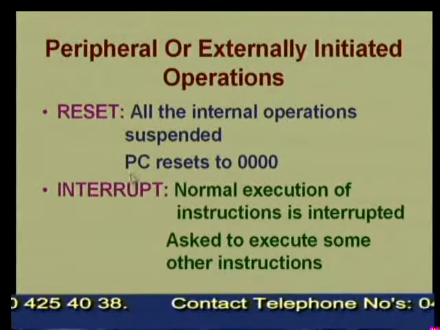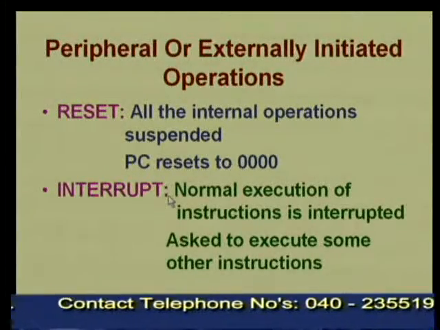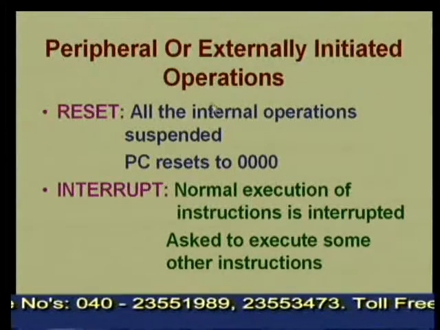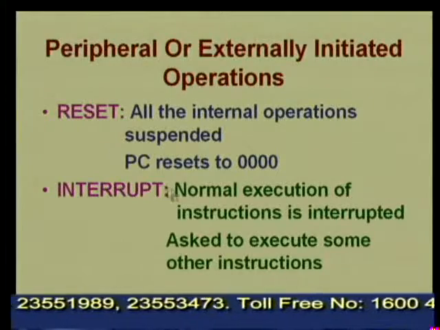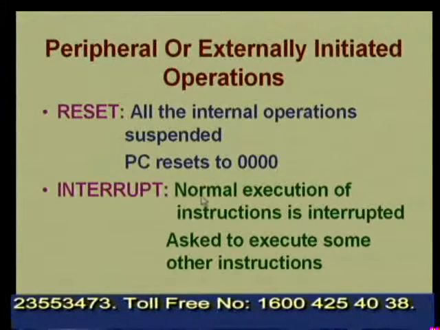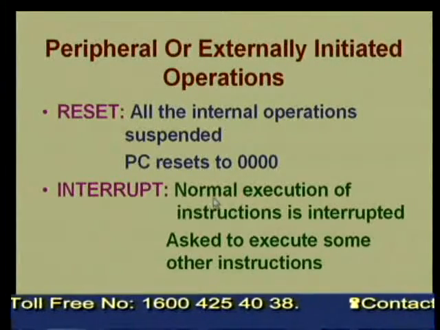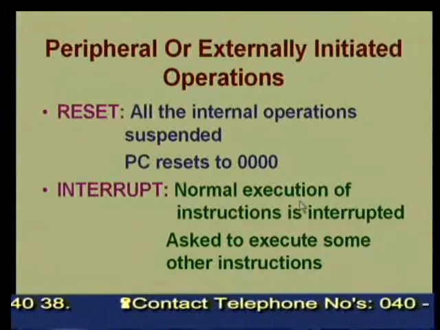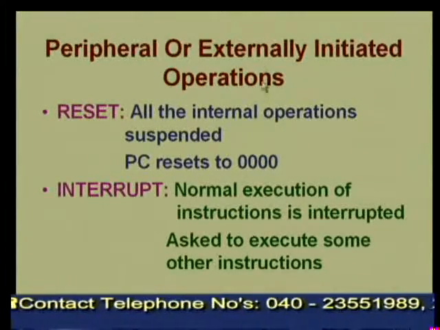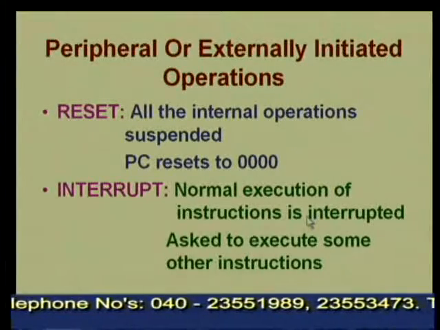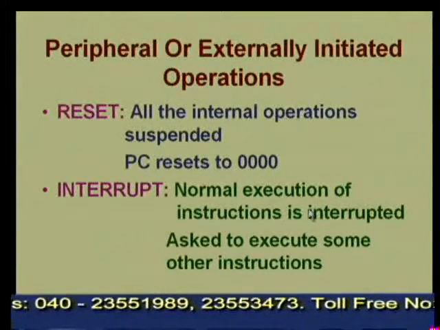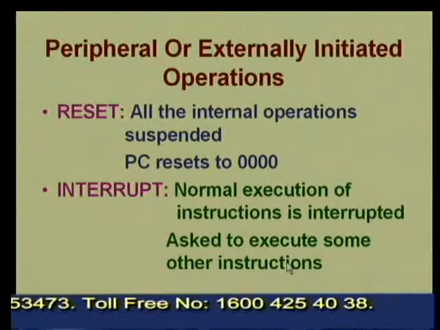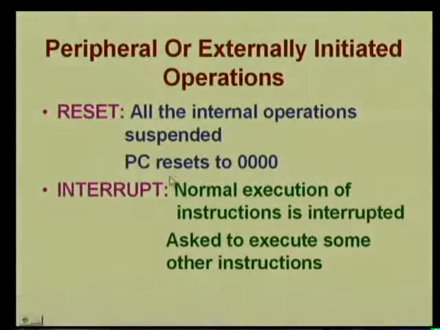The second signal by which the peripheral can make the processor interrupt is an interrupt signal. Here by sending an active high signal over this interrupt pin, the normal execution of the program of the processor can be interrupted, and it can be asked to execute some other program which may be required immediately.